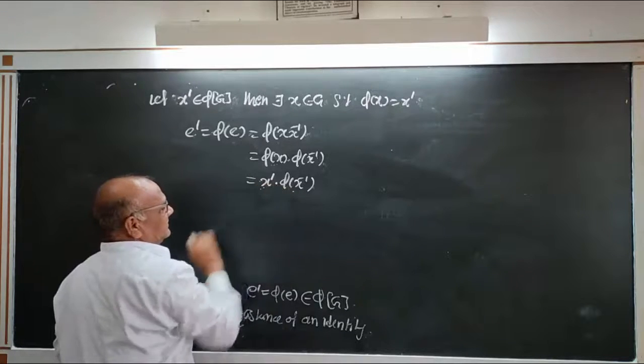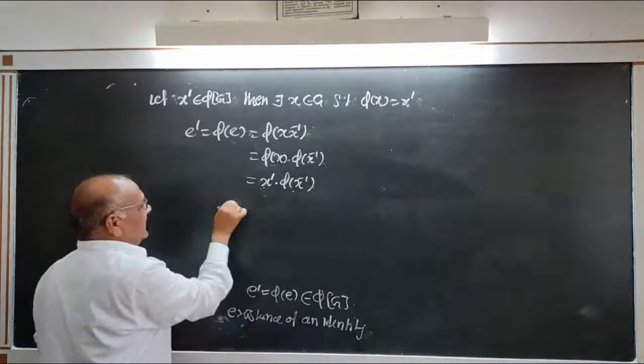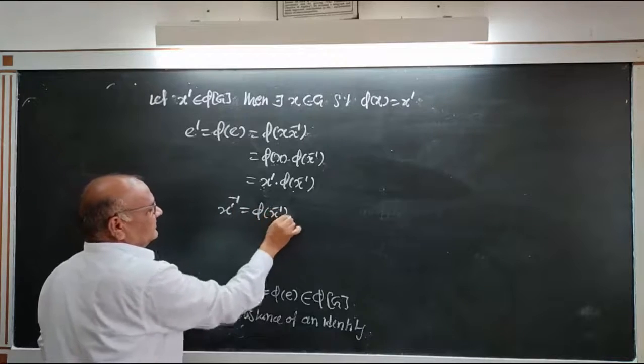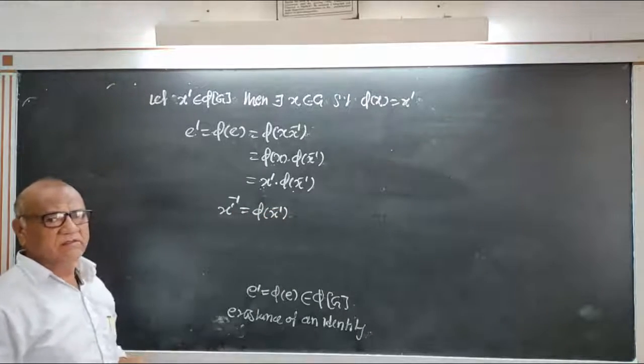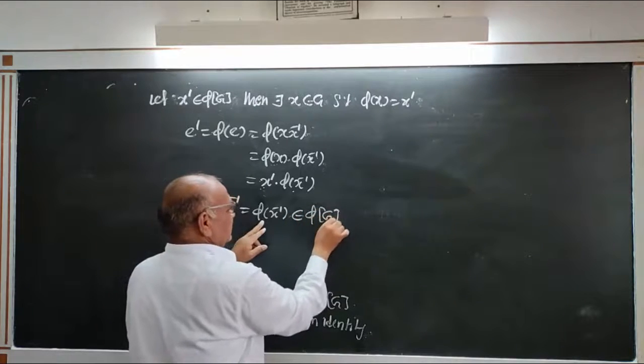That means both elements are inverse to each other, so x dash inverse is equal to phi of x inverse, which belongs to phi of G.